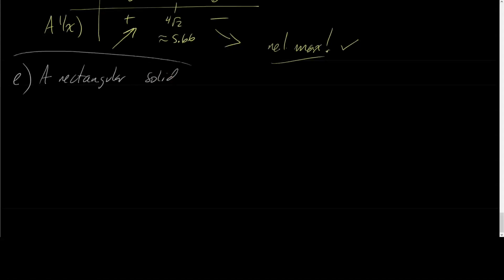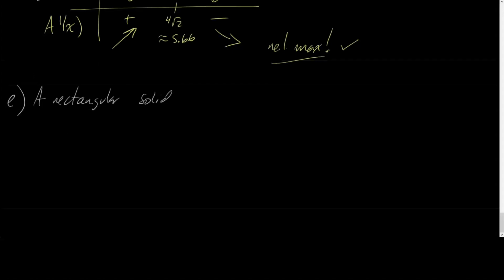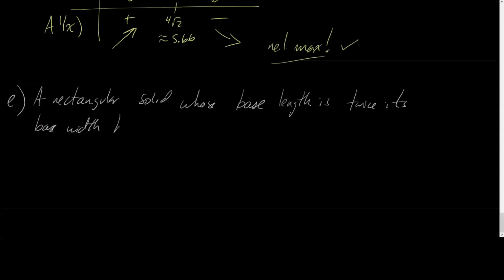A rectangular solid whose base length is twice its base width has a surface area of 675 square centimeters.